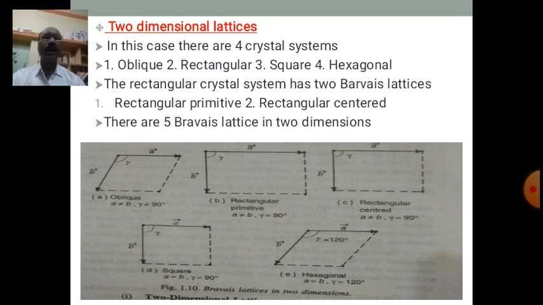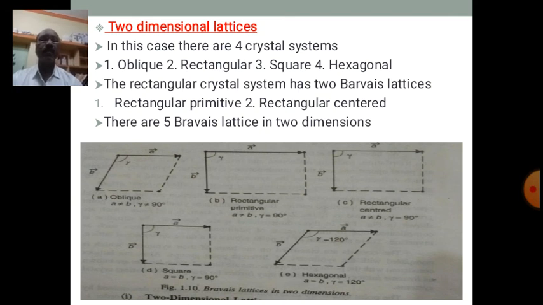There are 5 Bravais lattices in 2 dimensions that are shown in the figure. First is oblique. The lattice constants that define this oblique crystal system or Bravais lattice are given by a is not equal to b.